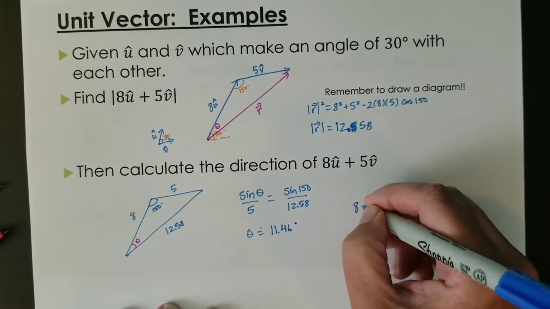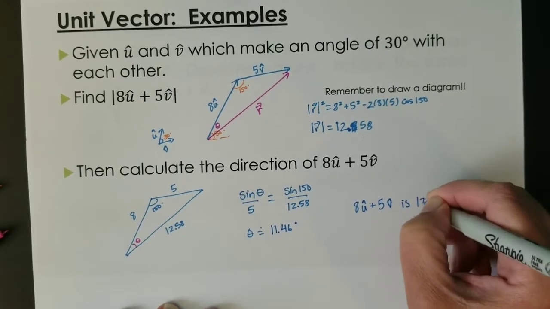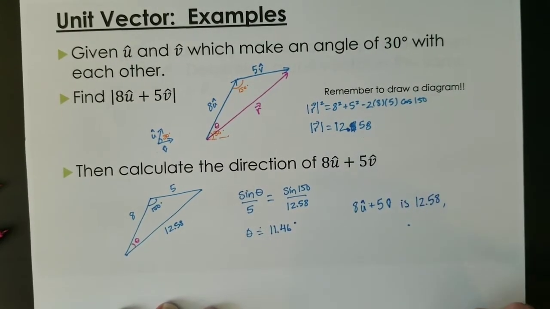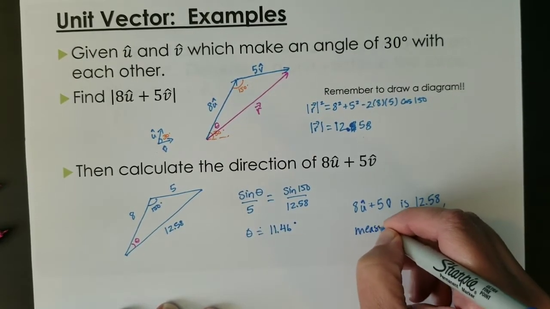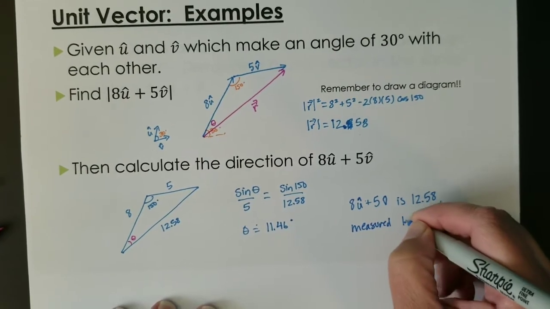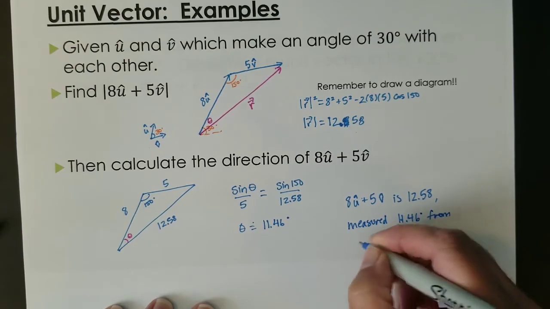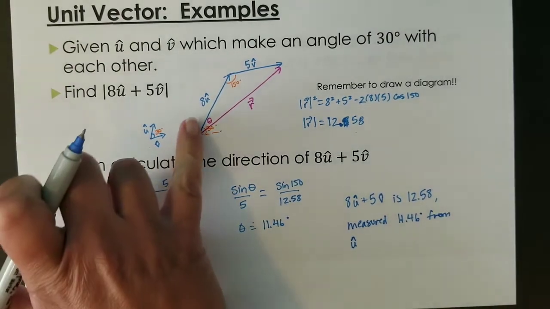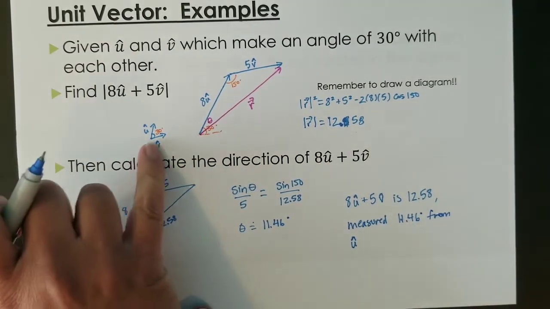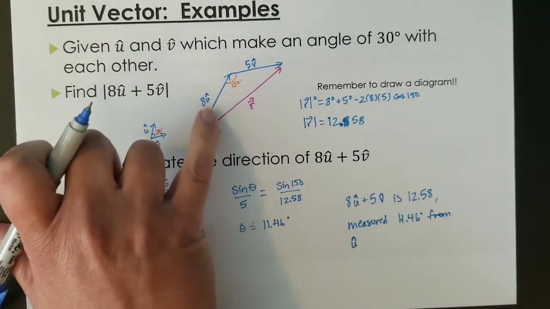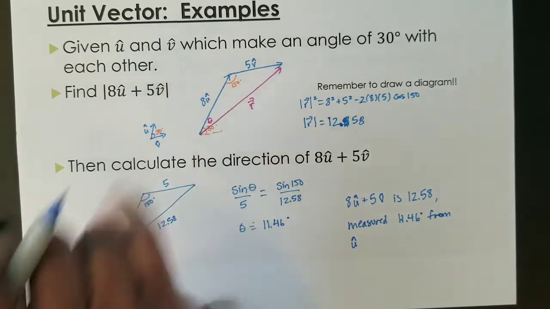So 8u hat plus 5v hat is 12.58, and this is going to be measured 11.46 degrees from u hat. So this is measured from the original direction of u hat towards v hat now, because v was going this way. So the resultant is measured from u moving towards v.